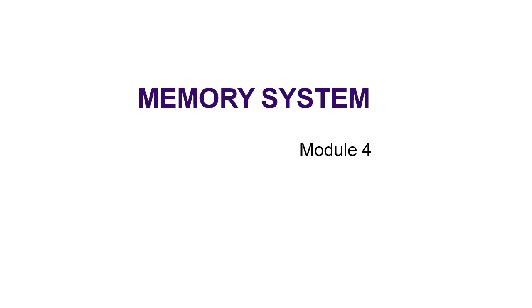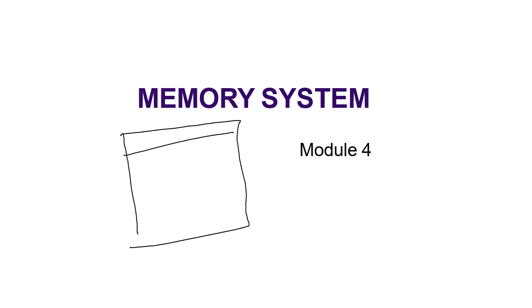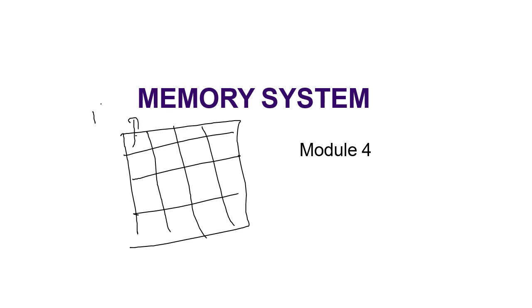In this particular slide, we will be discussing the memories. We know that the memory is one of the basic units of any computer system. All the programs as well as the data will be present in memory. When we speak about memory, it is a group of individual cells, and each cell can store one bit of information.